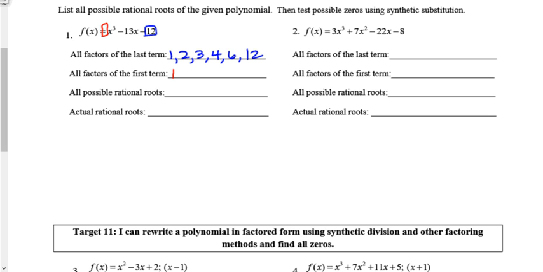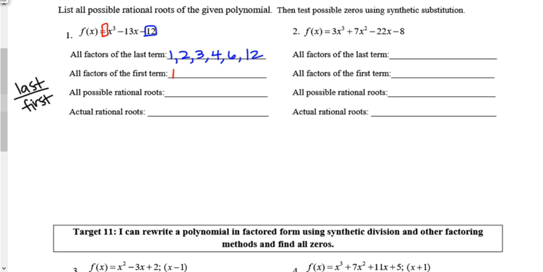And then all possible rational zeros, that's when I actually have to take all the last factors and put them all over the first. So in this case, we only have one factor of the first term. It's just 1. And so basically, I'm just going to create fractions like 1 over 1, 2 over 1, 3 over 1, 4 over 1, and just keep going. And 1 is my only denominator that I have, so I'm just going to go ahead and make those all whole numbers.